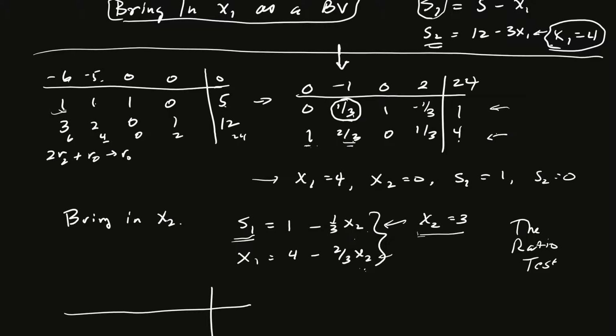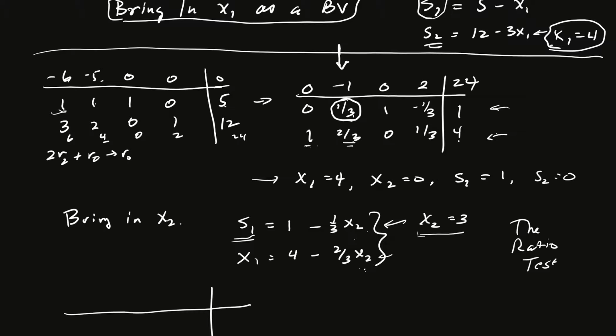And in this column, we had 4 divided by 2/3, which is 12/2, which is 6. Okay, so here x2 could have been up to 6. And then you take the smaller of the two numbers, so in this case, the 3 is telling us that we want to take this pivot position, not this pivot position.